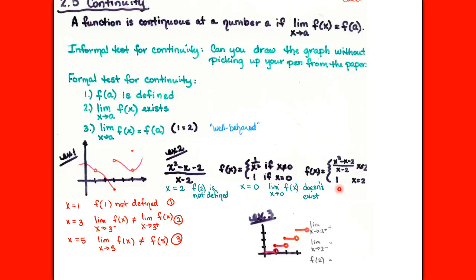With the second part, I need to figure out, does the limit exist? Well, we said that a limit is going to exist for all values within the domain of a rational function. 2 is not in the domain, so I need to be careful because the limit may not exist at 2. I'm going to have to check the limit from the left and from the right.